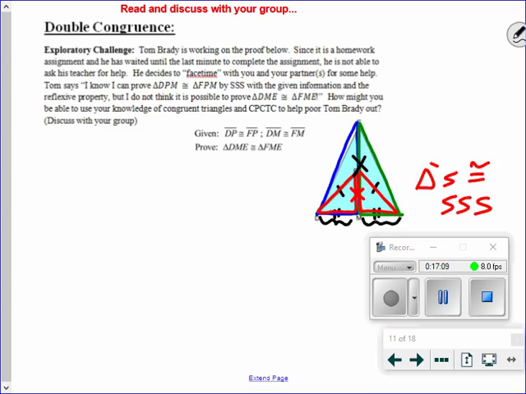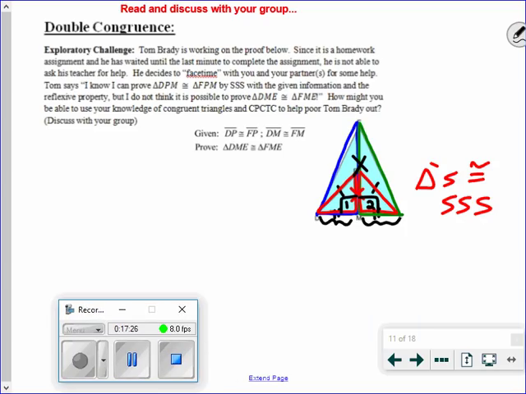Okay, and then the only angle that they share in common would be here and here. Eventually they would have to be right angles, but I don't have to say that. So if I proved angle 1 and angle 2 by CPCTC, then I can do the big triangles by side angle side.